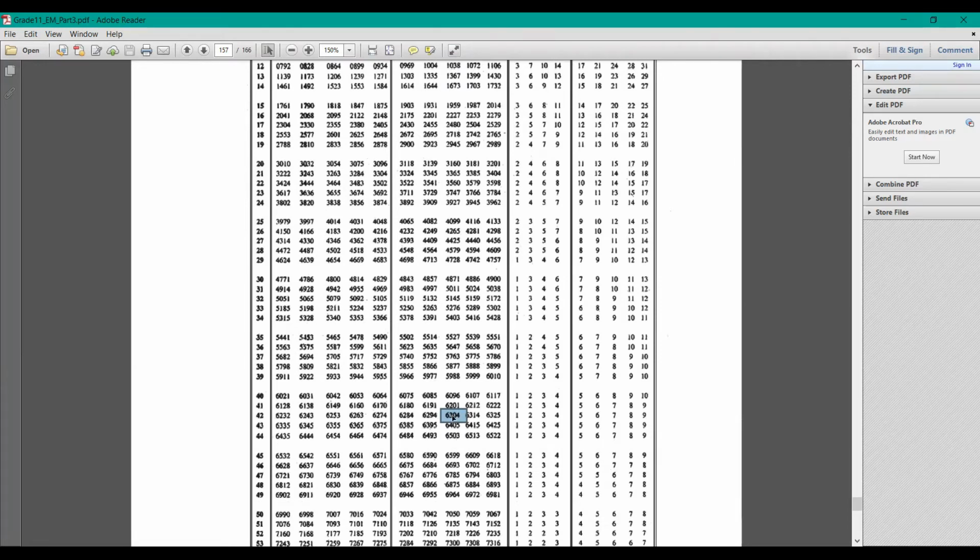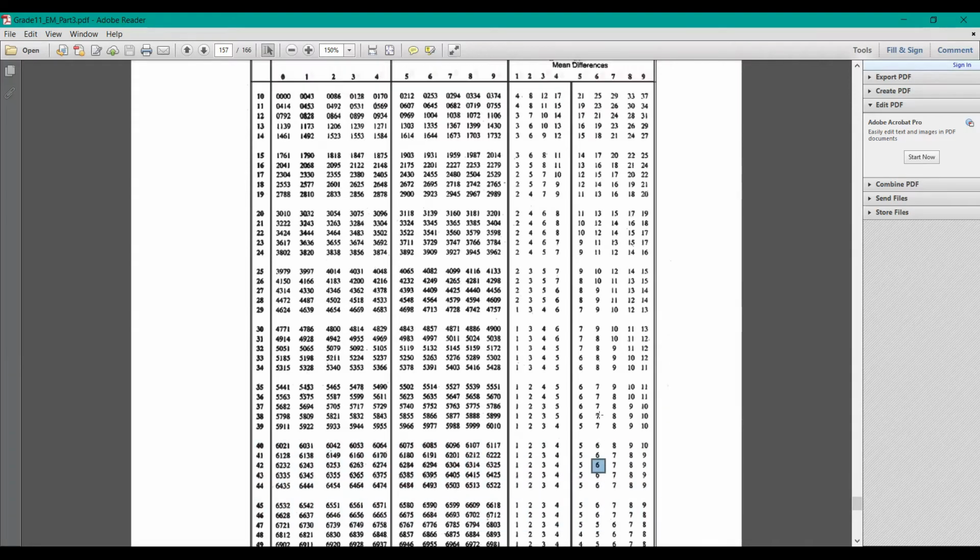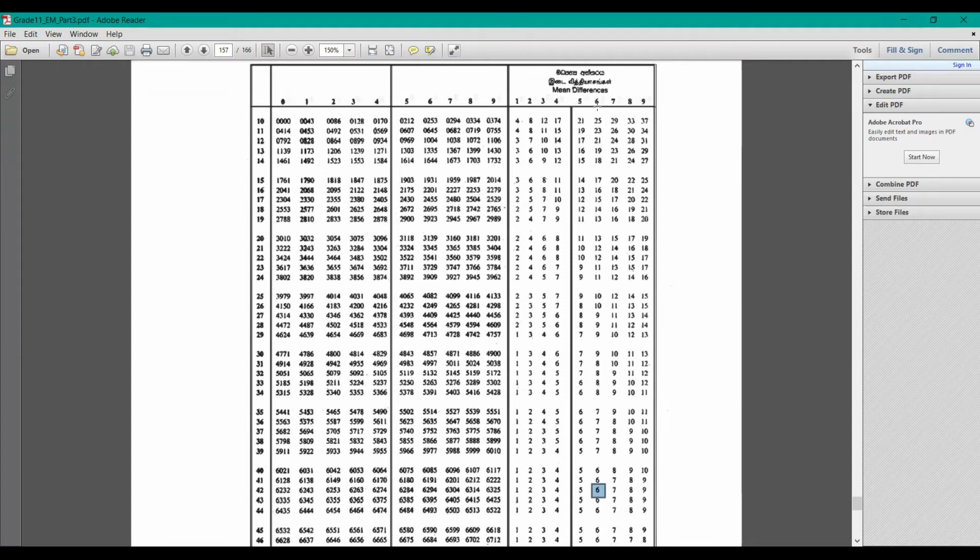So in order to get 631, you need to add 6 more to your value. In order to add 6, you need to go for the value here. So here you have 6. So it will be 4.276, 4.276. I hope you get that.